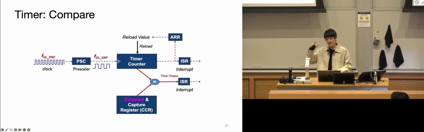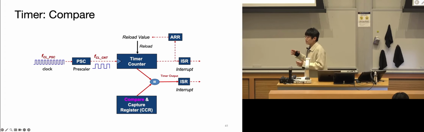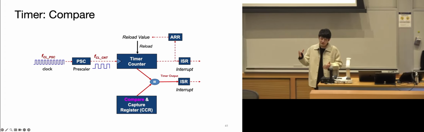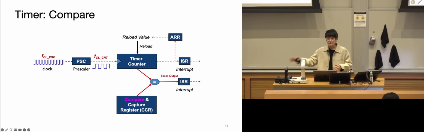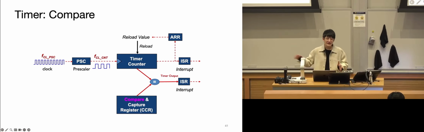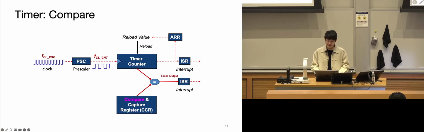You can think you set a number, and it could be periodic signals that you're trying to generate. Usually used for PWM signals, but it can also be used if you just want to, I don't know, switch on and off an LED for whatever reason.